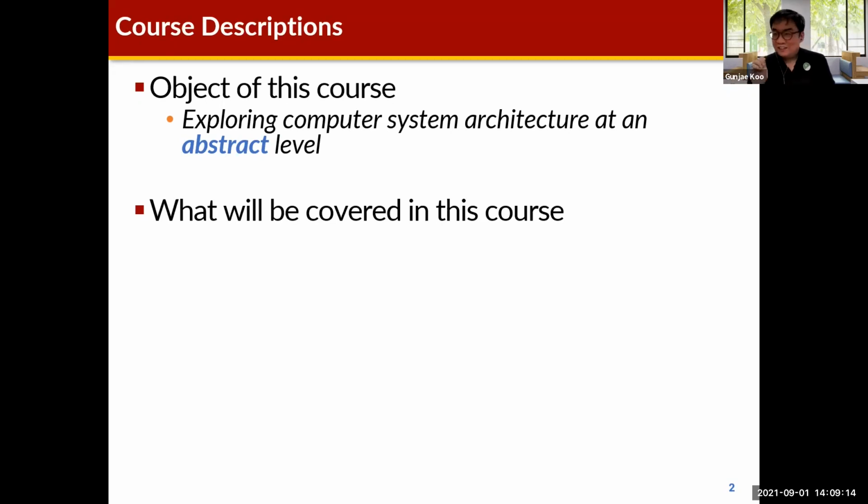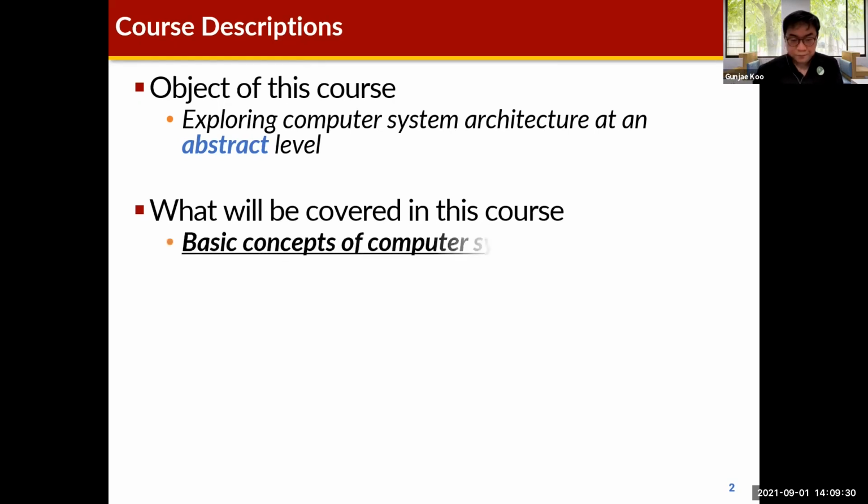So, in this course, exploring computer system architecture at an abstract level means the simplified level, not everything. Okay, so what will be covered in this course? The basic concept of computer systems.